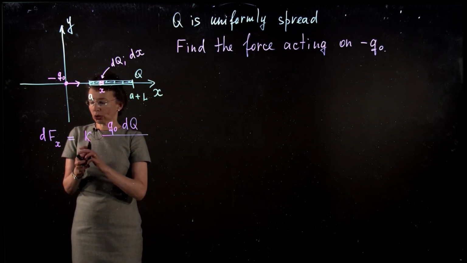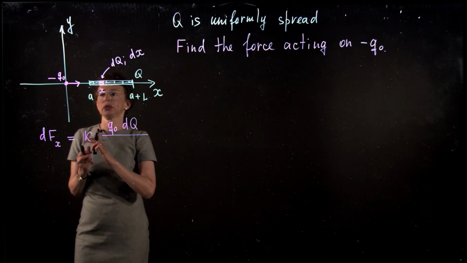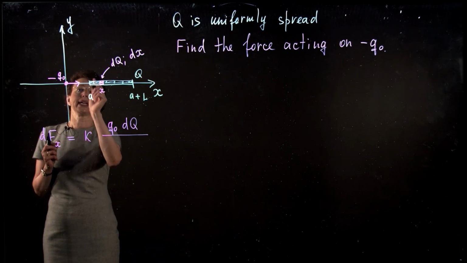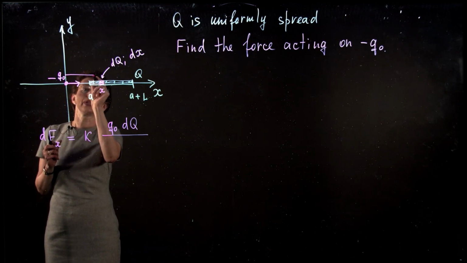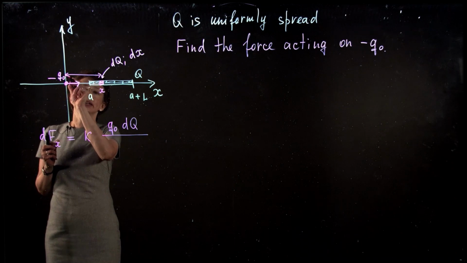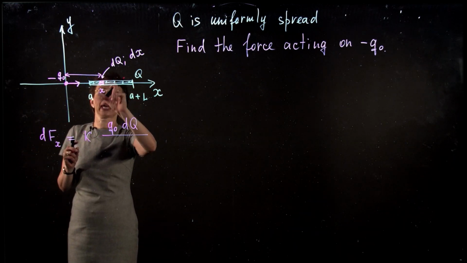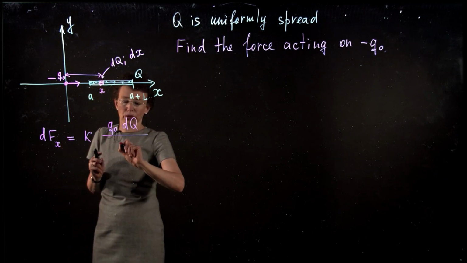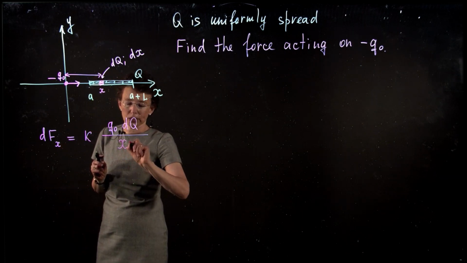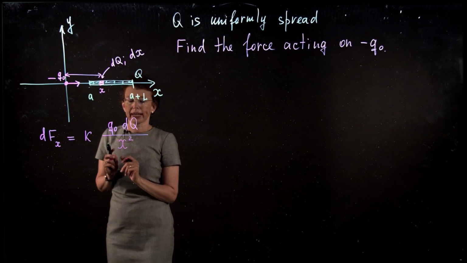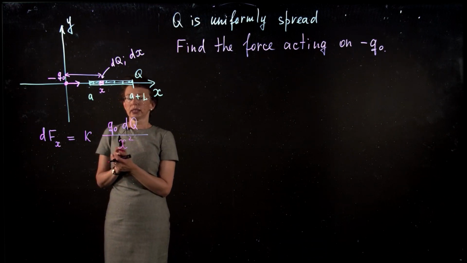Now I need to write distance between q naught and dq. This distance is x, because dq is located at arbitrary point x, so distance squared is x squared.